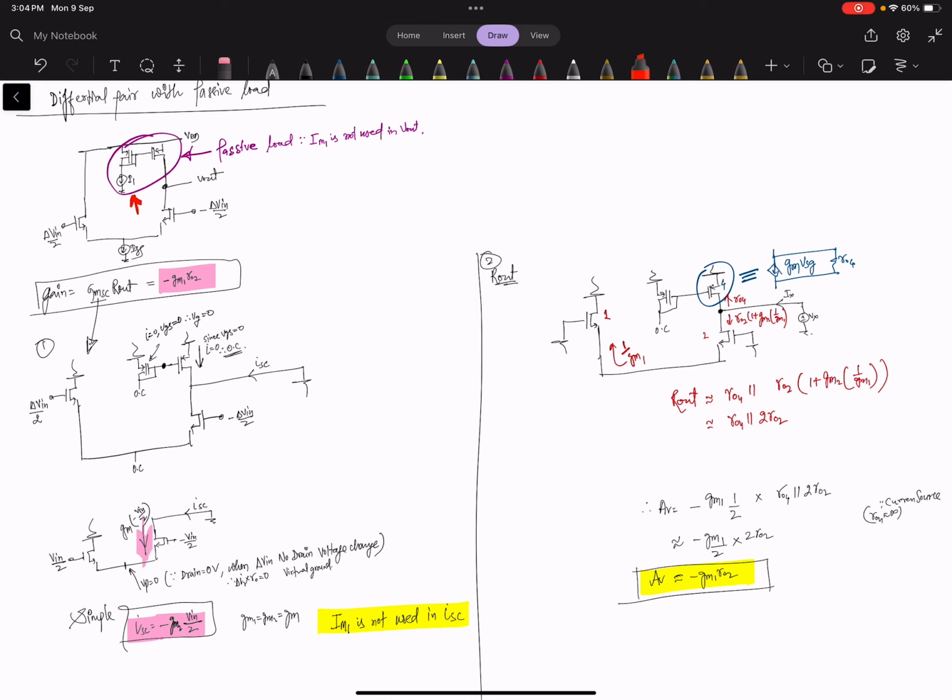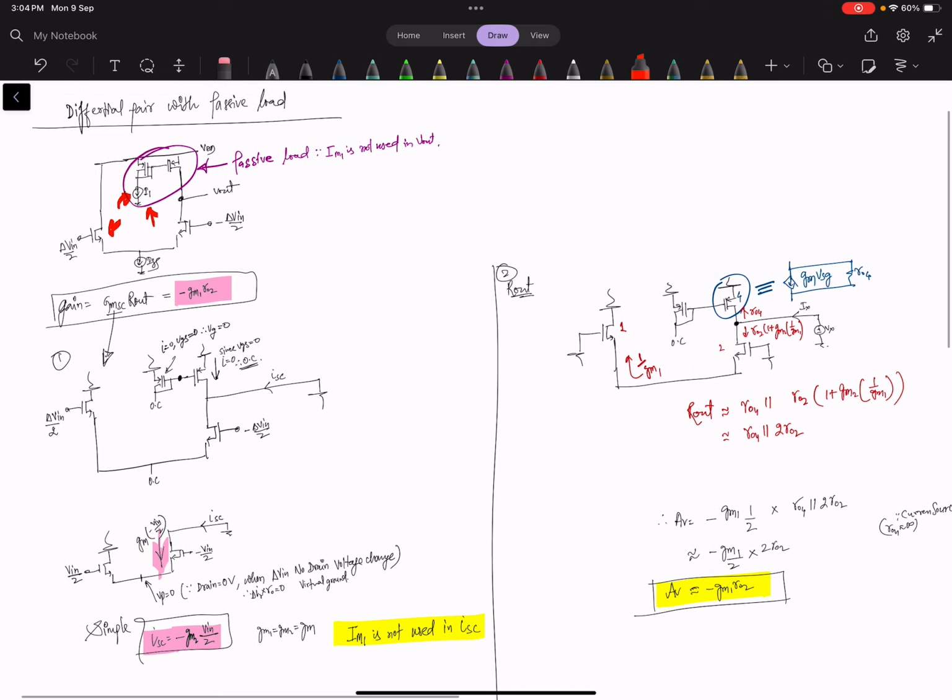Now note that the current mirror reference current is not from the M1, but it is a different current source. So for this, what will be the gain? Let's go to the basics.